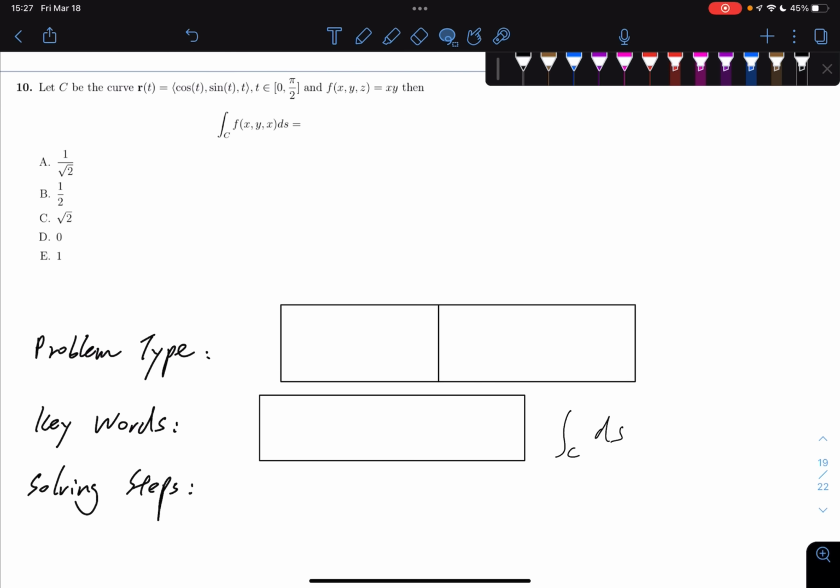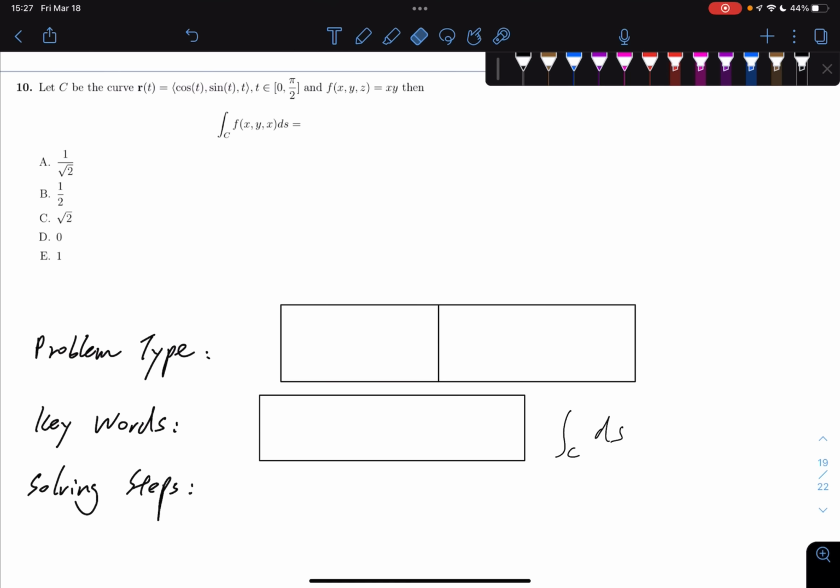We also need to determine whether it's a line integral in a scalar field or a line integral in a vector field problem. The main way of differentiating them is by looking at the integrand. If an integrand is a scalar, then it's a line integral in a scalar field. If it's a vector, then it's in a vector field.